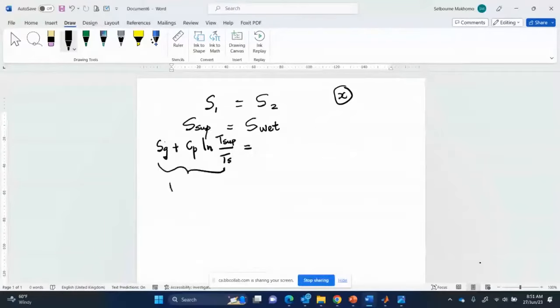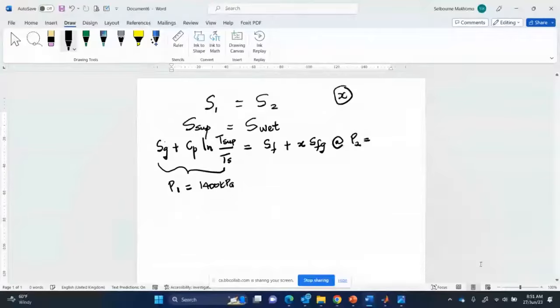At P1, and in our case P1 is 1400 kPa. S wet is Sf plus X Sfg, at P2.